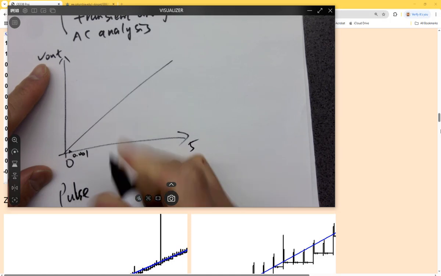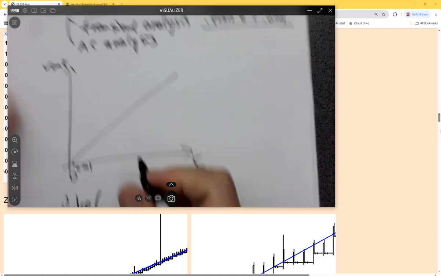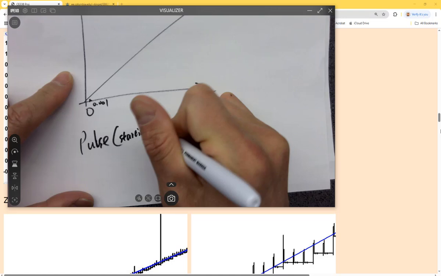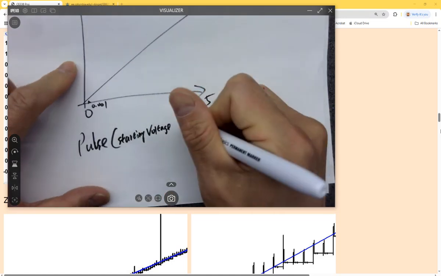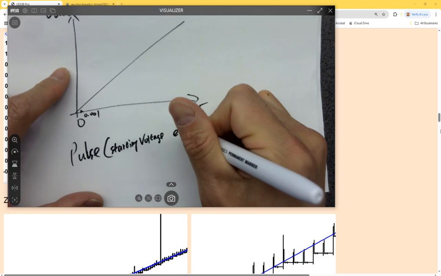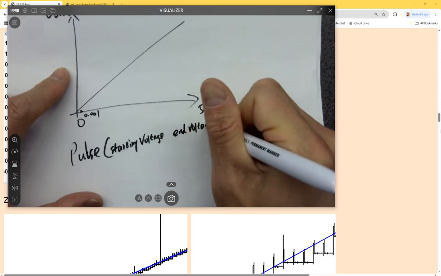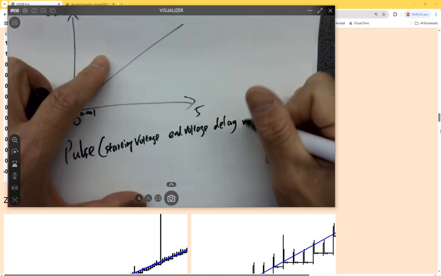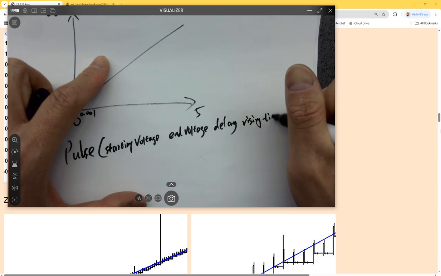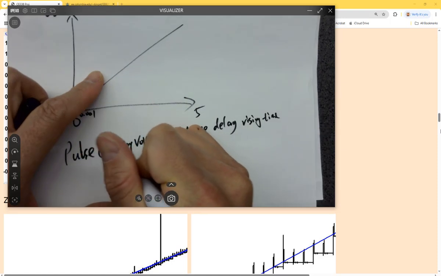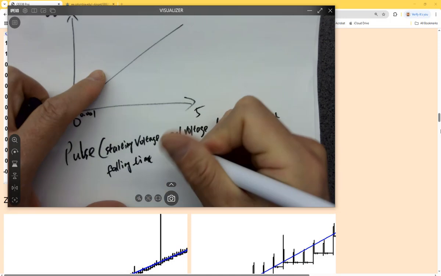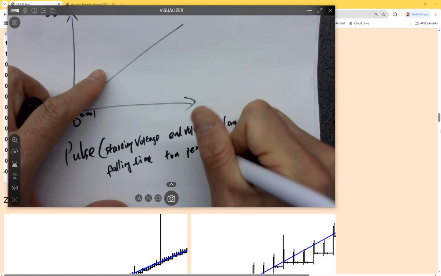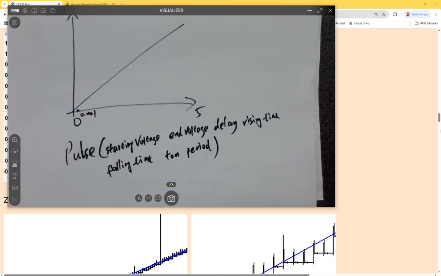The pulse signal has a starting voltage, the end voltage, delay, rising time, falling time, T on, and period. These are all the parameters of the pulse function.